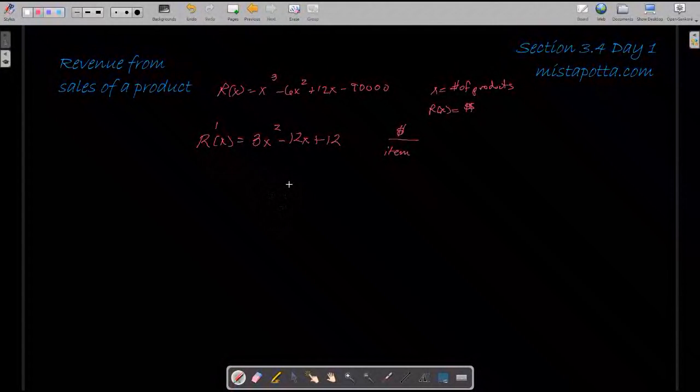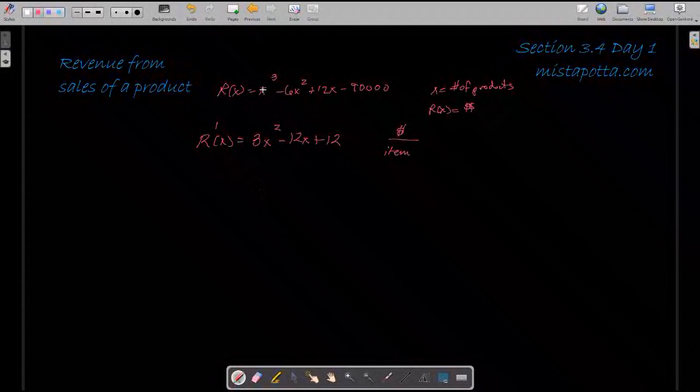And notice that the change in revenue that I get has no bearing on how much of the salary or the rent or the other fixed costs of running the business. It only depends on these terms where the number of items that I'm selling directly changes.